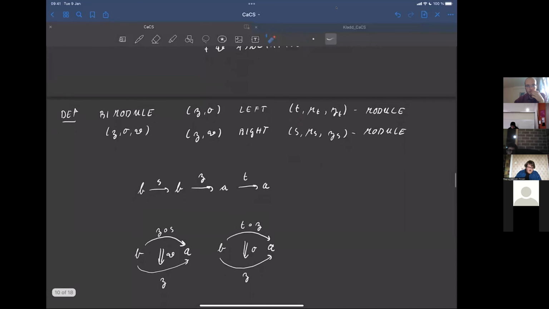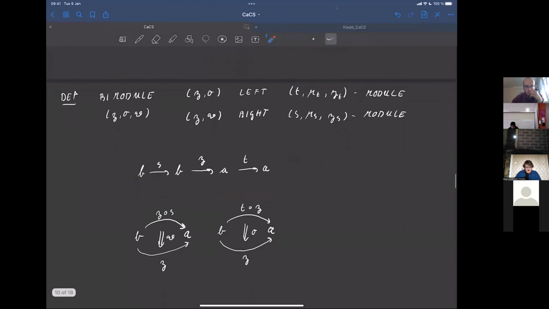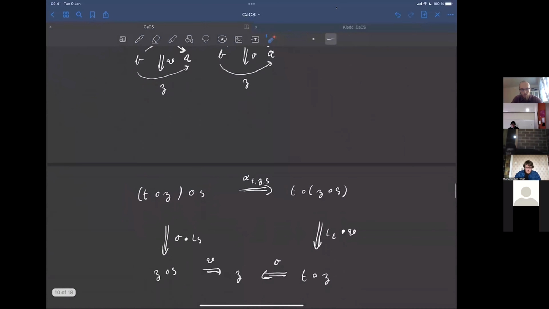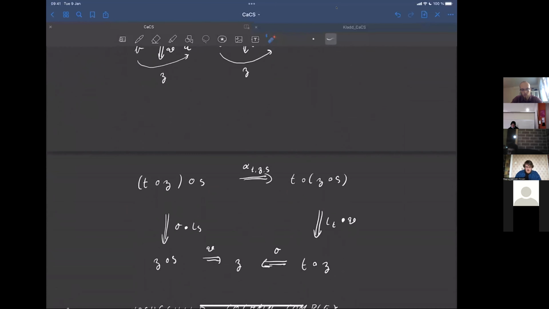So here we have S on the left, T on the right, and they should respect these two. The relations go like this for this chain above. And we also require that sigma and omega in the bimodule, if you take sigma first and then omega, or the opposite, this should be the same thing, or rather it agrees up to the associator.